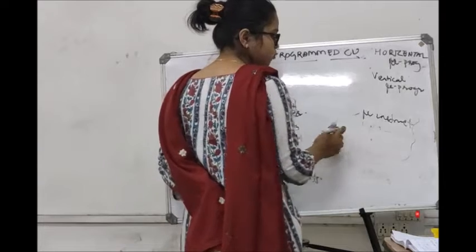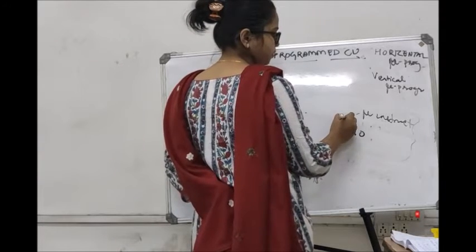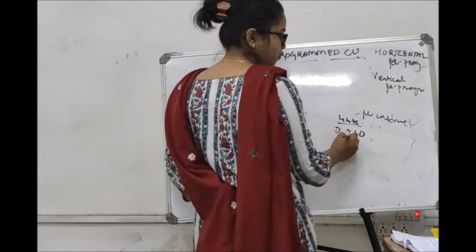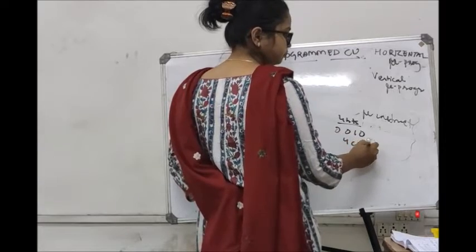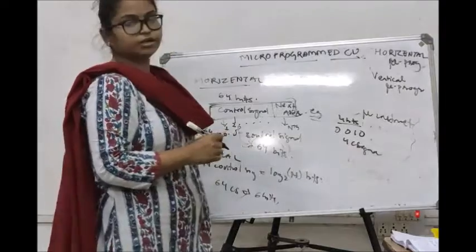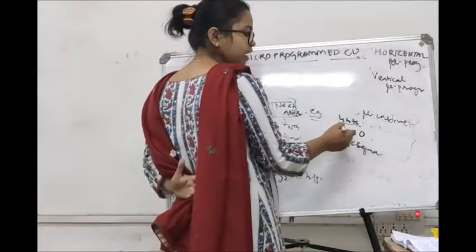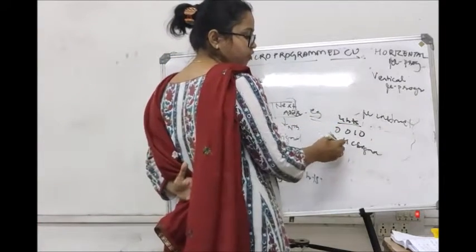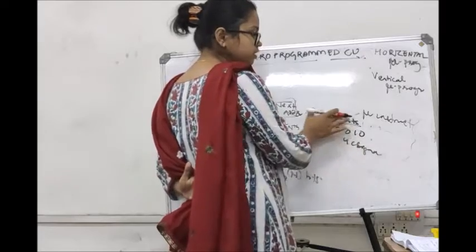Suppose we have the control signals 0, 0, 1, 0. That is 4 bits, we have 4 control signals. I am taking an example of how we can improvise this through vertical programming. We have 4 bits 0, 0, 1, 0.